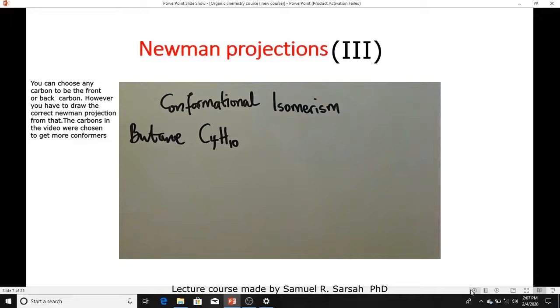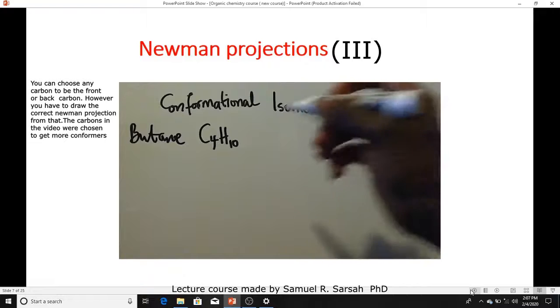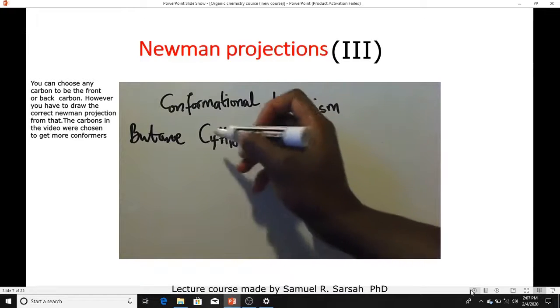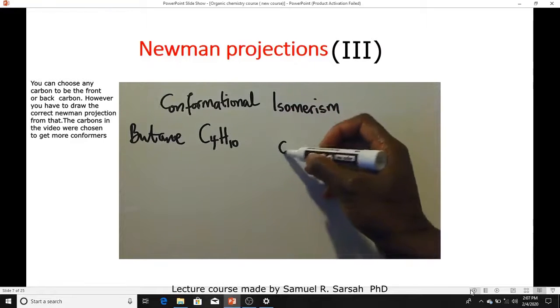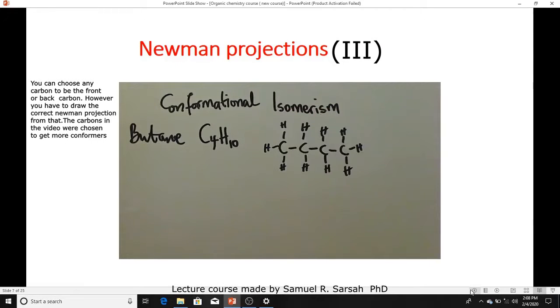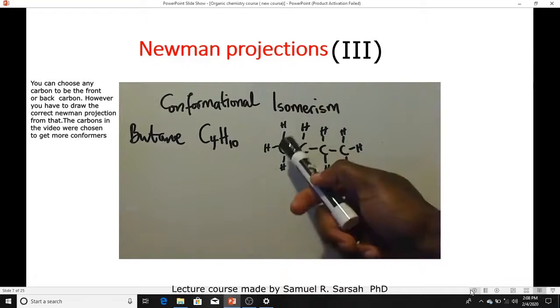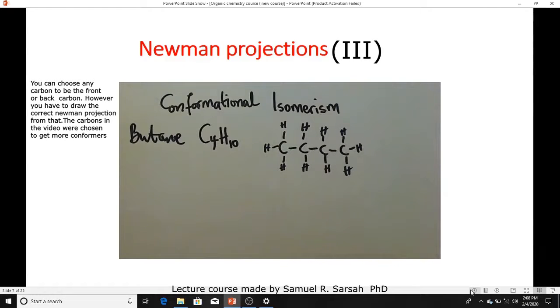Conformational isomerism by using butane. So the formula for butane is C4H10, an open chain. Okay, so there are 4 carbons in the chain, and what I'm going to do is choose 2 of the carbons that will give me more conformational isomers.